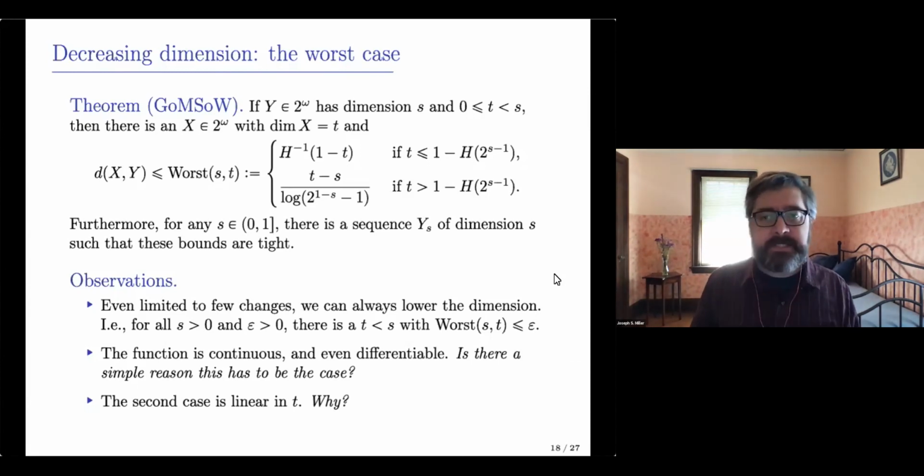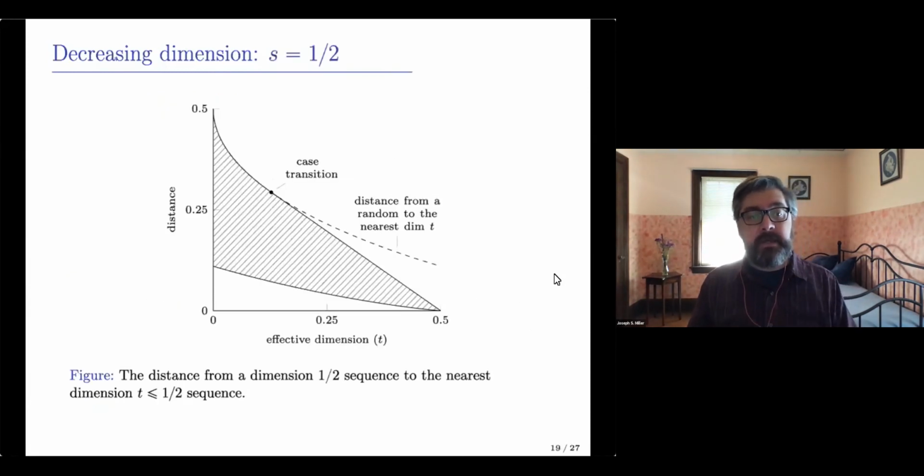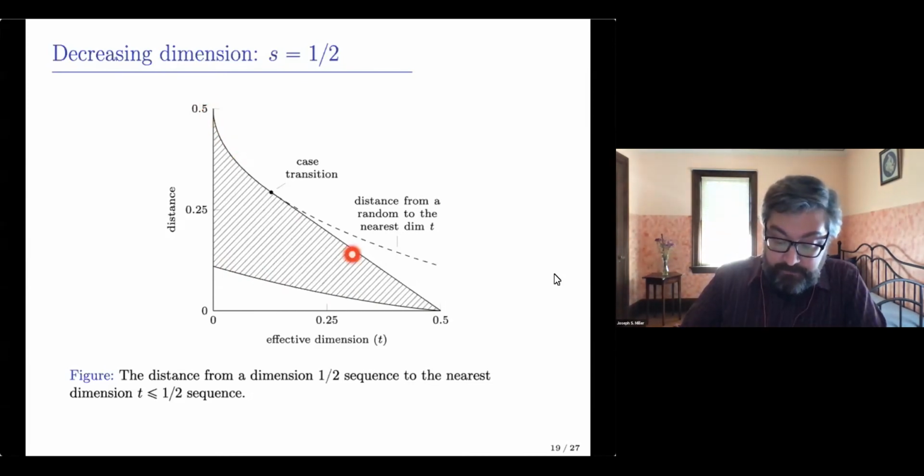And everything I've just said is clear in the following graph. Here we have fixed dimension s to be 1/2, and we're looking at going from 1/2 down to t less than 1/2. The bottom is the best case. It's the same thing we always have, h inverse of 1/2 minus t. And the top is the weird function I just showed you. Here's the case transition. And the dotted line here, which actually overlaps up here with the solid line, is the distance from a random sequence to the nearest dimension t.